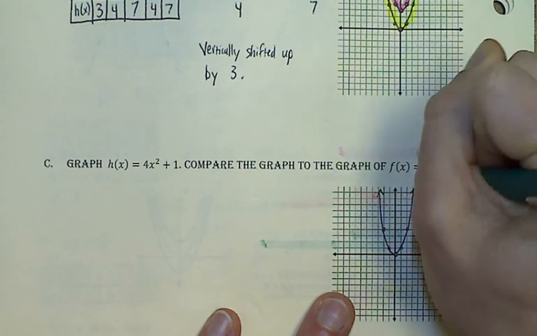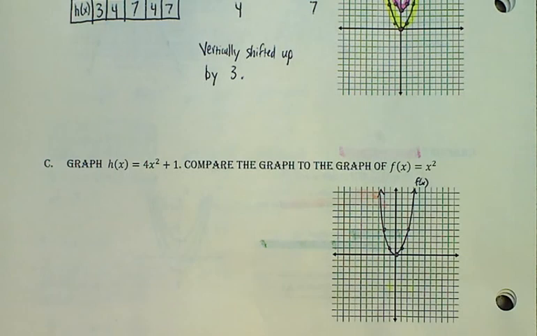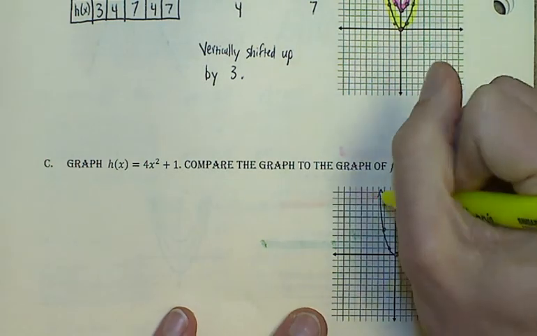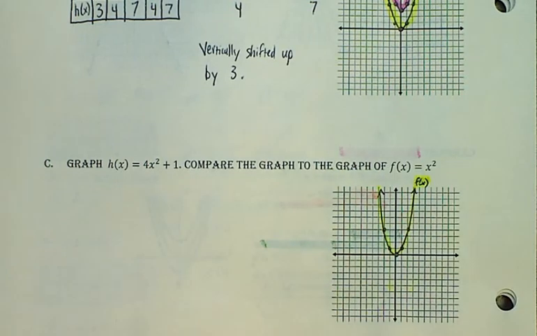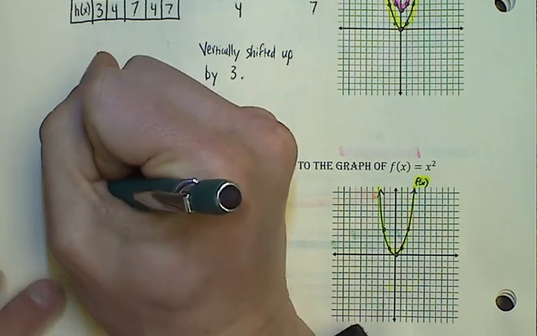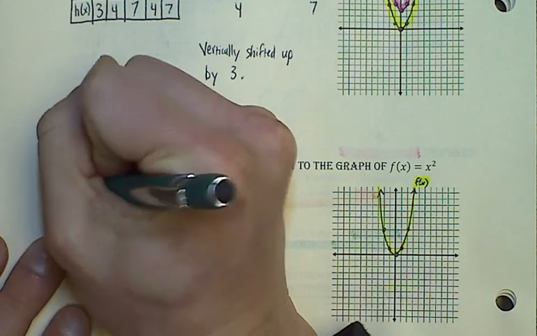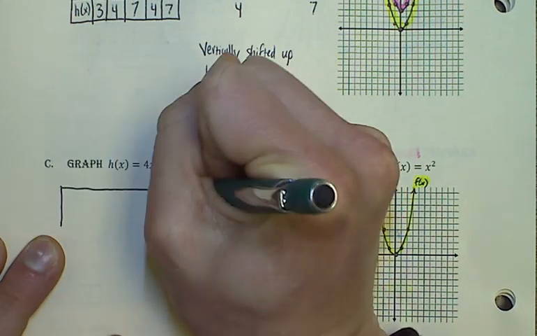Get that taken care of. So that part's already done. So now I'm going to go in and worry about my h of x. So I need to draw my table of values. So again, 2 rows, 6 columns.